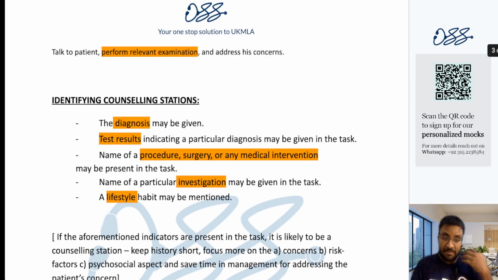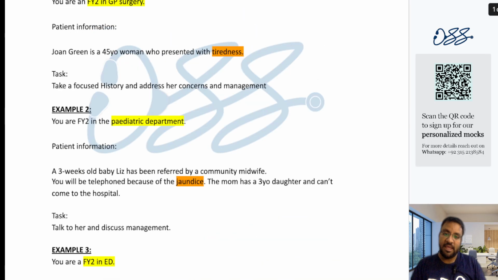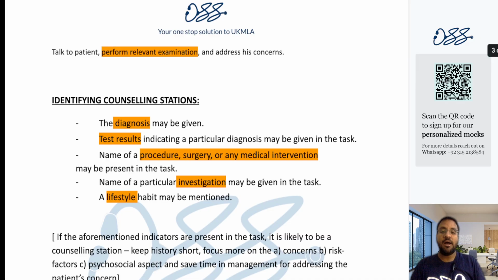Or he or she may throw a concern at you, that I need to ask about a lifestyle habit. All of these things you'll get in that 1 minute. If you get a symptom only, you know that this is a history based station. And if you get a diagnosis or test results, or if the patient asks about a procedure, you know that this is a counseling based station.